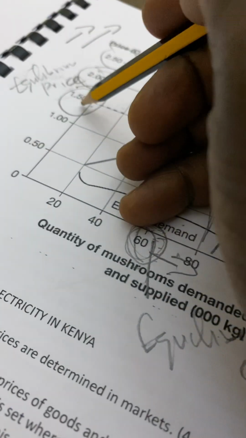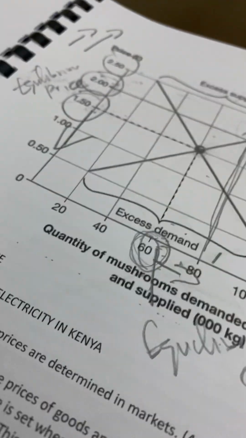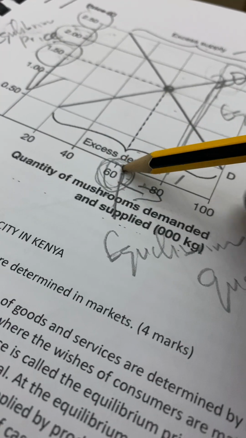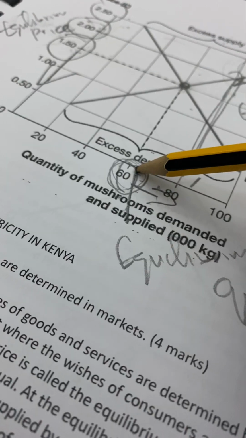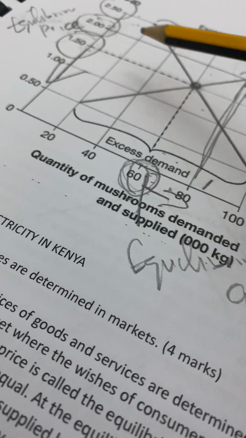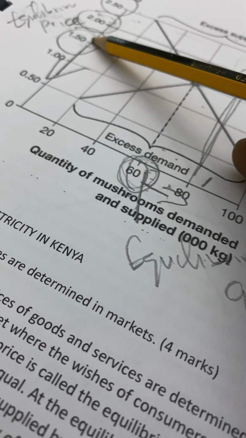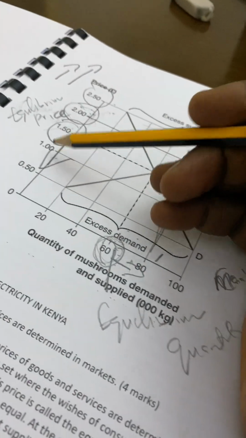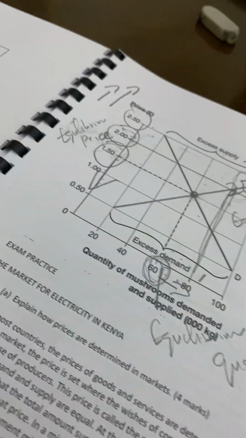And for excess demand, the price has to be below the equilibrium price, which is 1.5. This is the market clearing price, and this is the quantity supplied and demanded. But now, the price has fallen from 1.5 to 1. A fall in price from 1.5 to 1 increases the quantity demanded.